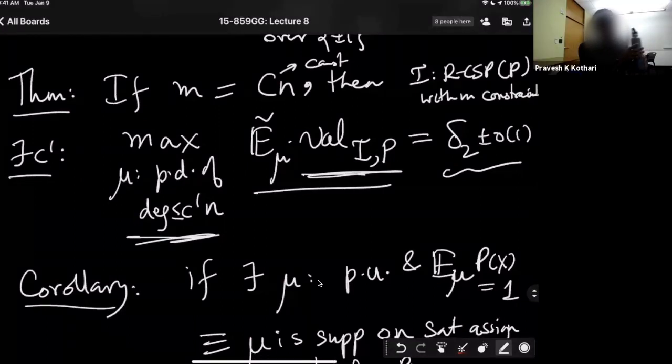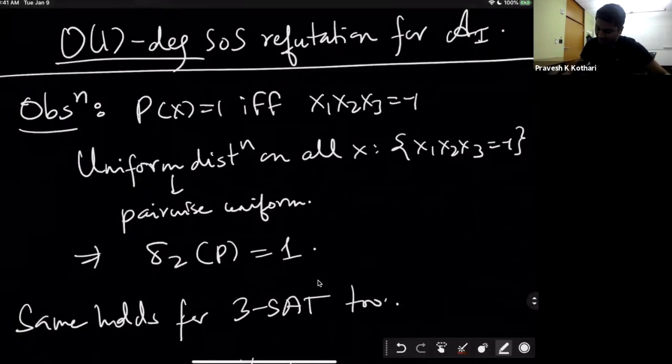The reason it is exactly equal is because we can construct a degree O of 1 certificate that the value is at most delta 2 plus little o of 1. So yes, you're right. We only did a very special case of the lower bound. For 3 XOR, we proved that the value is at least delta 2 minus little o of 1. In fact, we proved exactly equal to delta 2. But the converse is also true, and I did not state that.